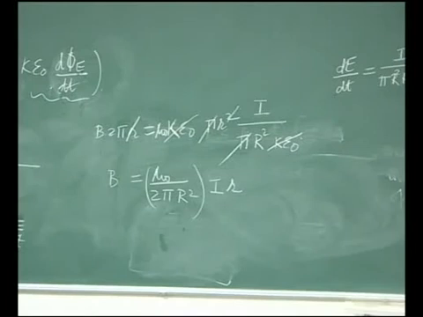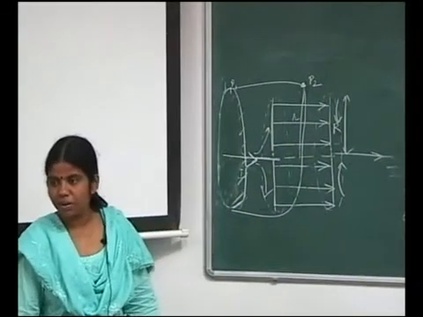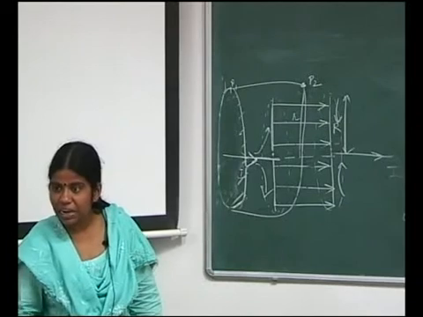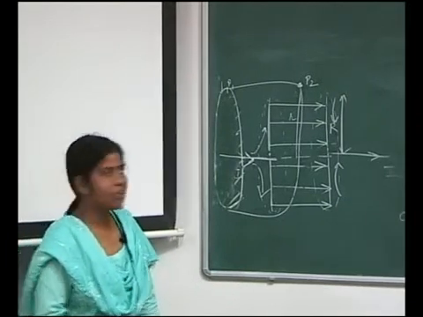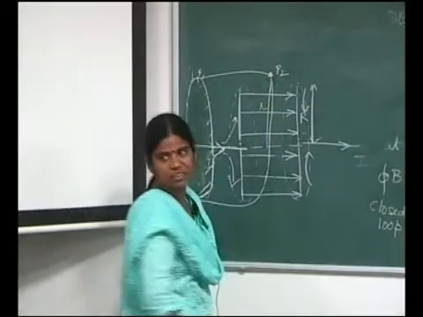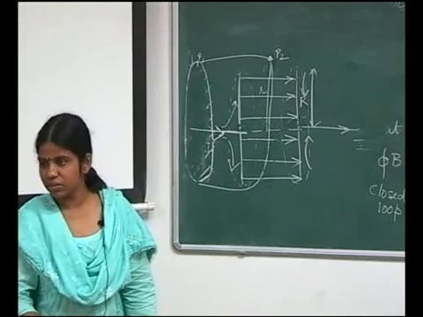Is it okay? So, what do you see? When I am away from the capacitor, my field falls by 1 by r. My magnetic field decreases by 1 by r. But when I move within the capacitor, my field increases by r, isn't it?